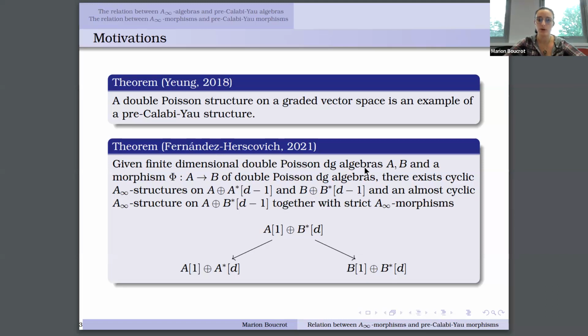So this comes from the relation between double Poisson algebras and cyclic A-infinity algebras. And depending on the morphism between the double Poisson algebras, we are also able to produce an almost cyclic A-infinity structure on the graded vector space A plus B star with some shift, and also to produce strict A-infinity morphisms like this. So the aim of this talk is to generalize in some sense this theorem by replacing double Poisson algebras by pre-Calabi-Yau algebras, and it will lead to a similar construction.